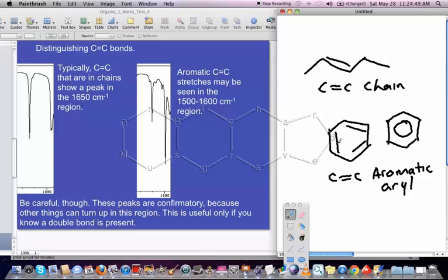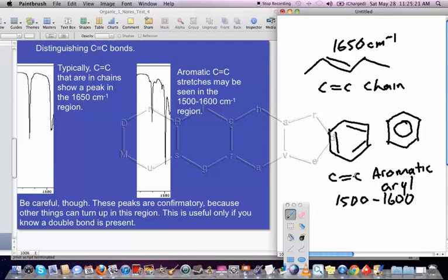They're actually spread all around the ring. Because they're not full true double bonds, they will vibrate at lower frequencies. So these you'll find at about 1650 when it's in a chain, and at around 1500 and 1600 if it's a C double bond C that's part of an aromatic ring.